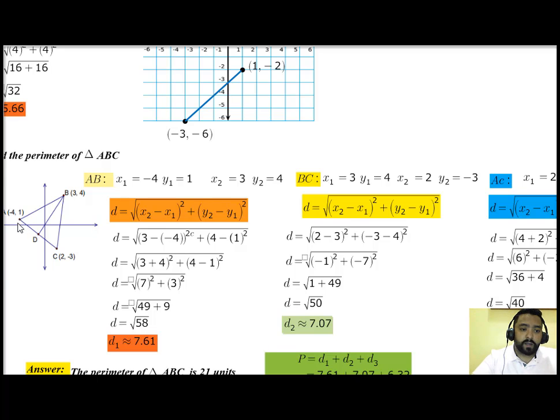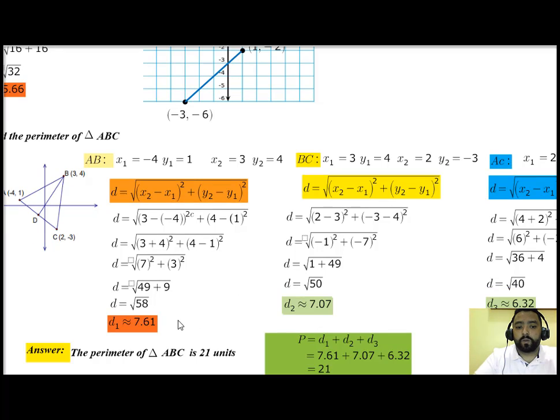So it says you're going to have this plus this, this plus this, and this plus this. The distance between, or the measurement. So we add distance 1, distance 2, and distance 3, and we're going to have the value of 21 units. So now we can say that the perimeter of the triangle ABC is 21 units.